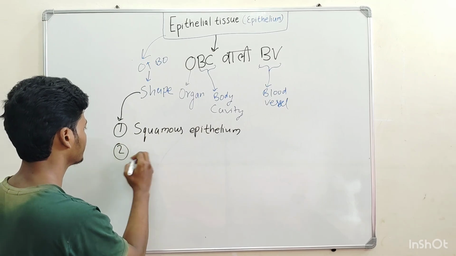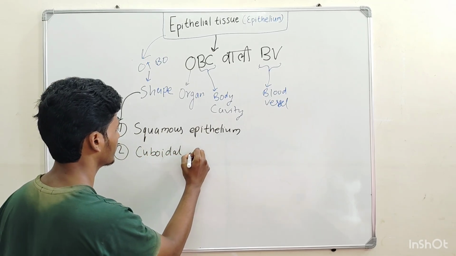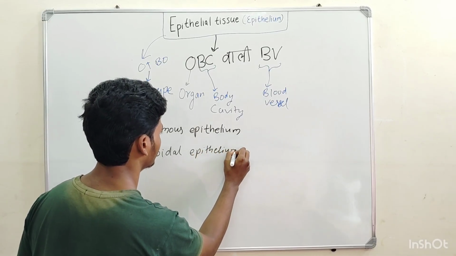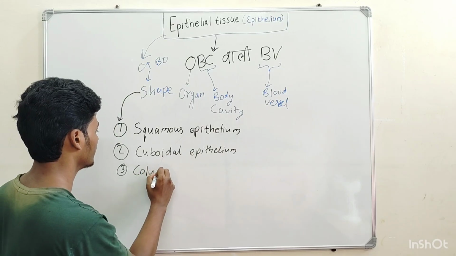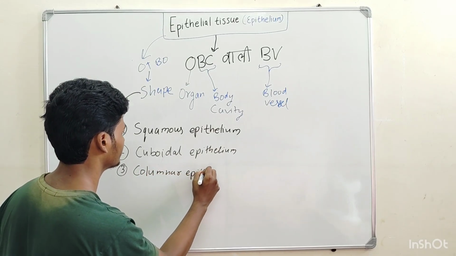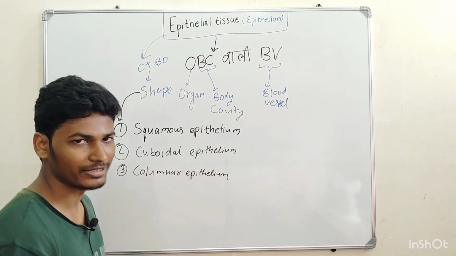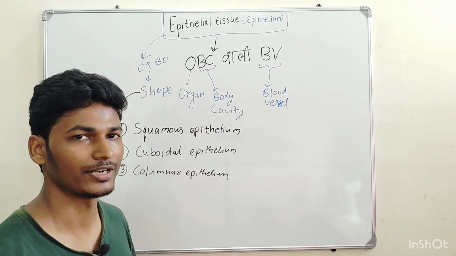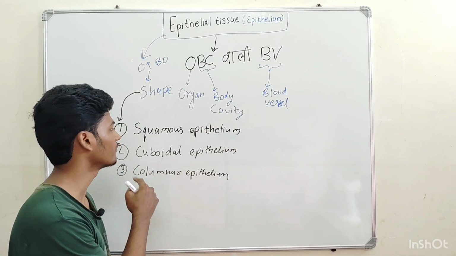Second one is cuboidal epithelium, and the third is columnar epithelium. So on the basis of shape of the cell, epithelium is divided into three types: squamous, cuboidal, and columnar.